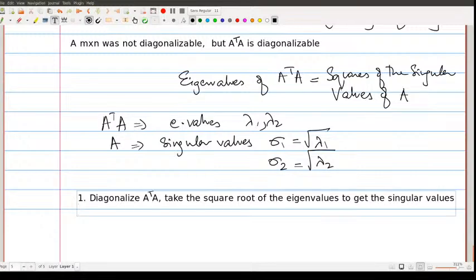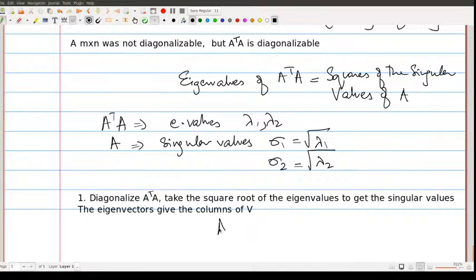And within this step, you also find the eigenvectors. The eigenvectors give the columns of V. So in this first step, you've already found two things. I wanted A equals U sigma V transpose.